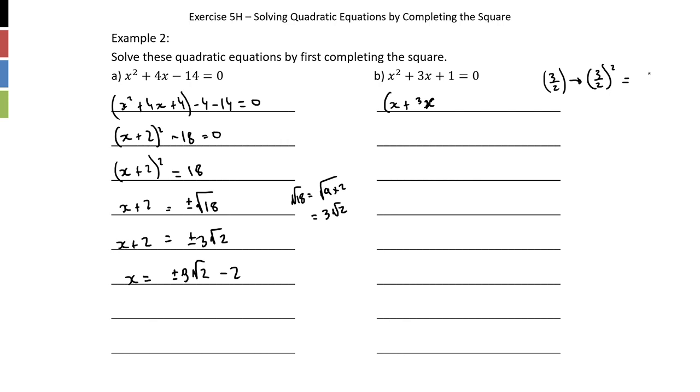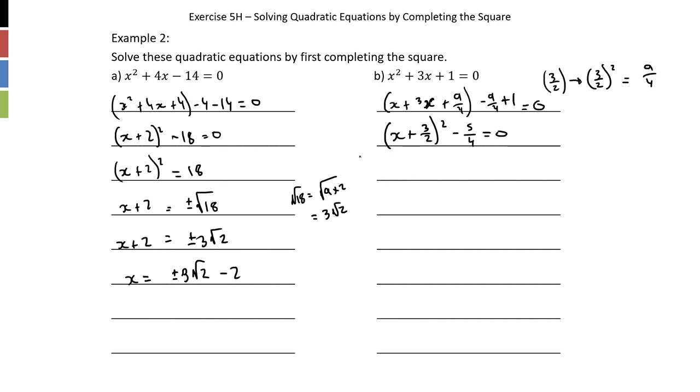That gives us 9 on 4, so we get plus 9 on 4, take away 9 on 4, plus 1 equals zero. So we get x plus 3 on 2 all squared, negative 9 on 4 plus 1. So 1 is the same as 4 on 4, so that's going to give us negative 5 on 4. It's equal to 0.